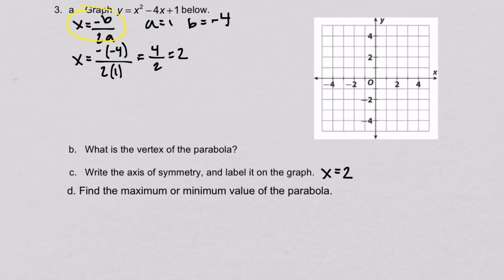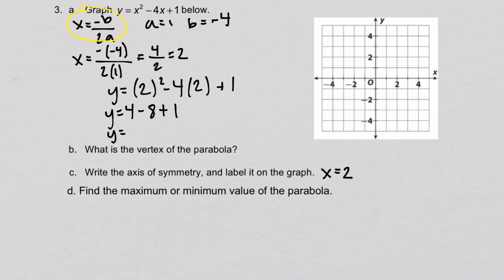Okay, so here we go. y equals x squared minus 4x plus 1. Plug in 2 right here and right here. So we get y equals 4 minus 8 plus 1, which is going to give me -4 plus 1, which gives me -3.